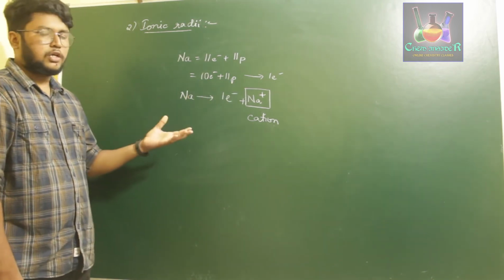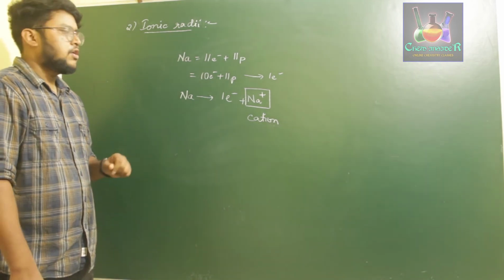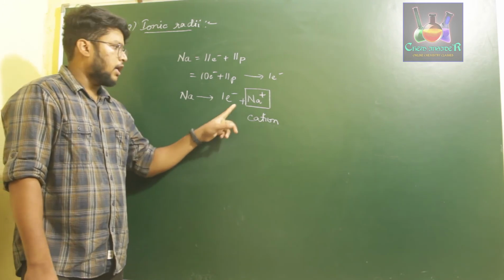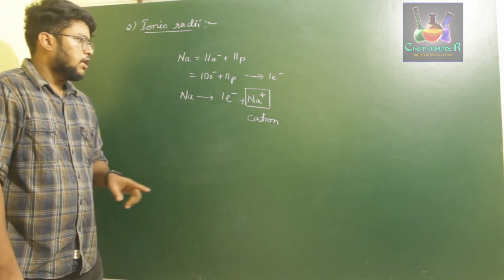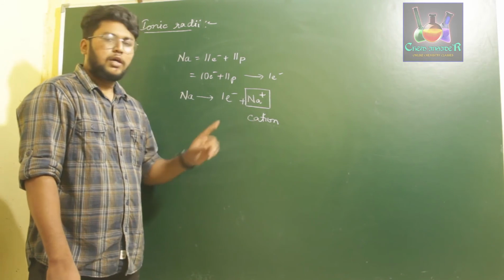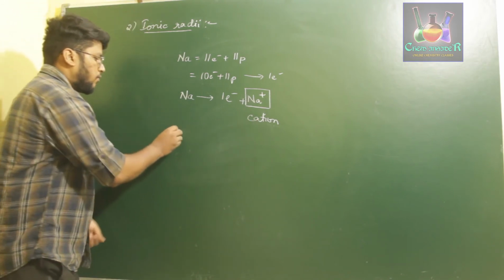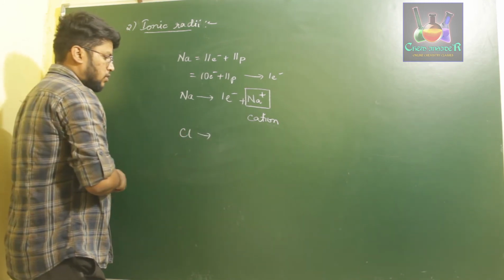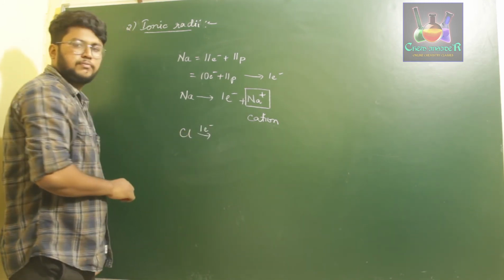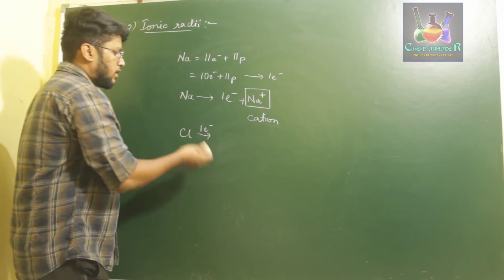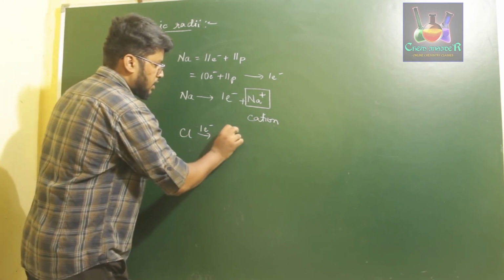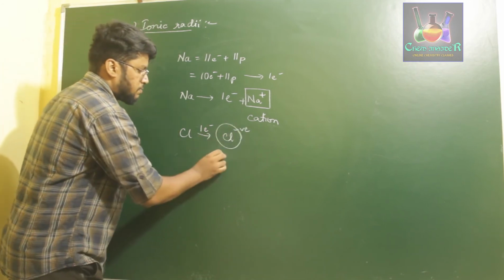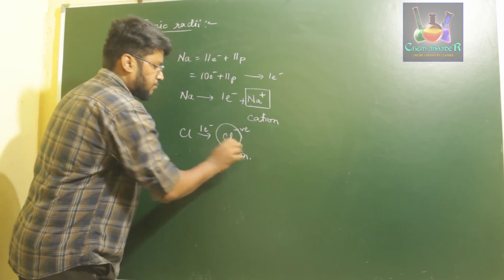Similarly, whenever an element such as chlorine gains one electron, it forms Cl minus, a negatively charged species, and these negatively charged species are called anions.